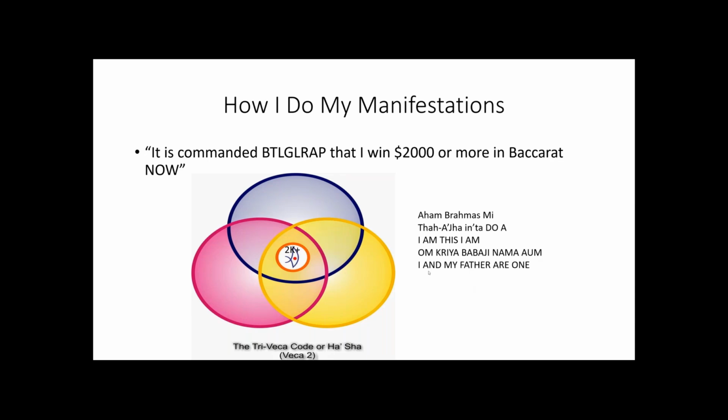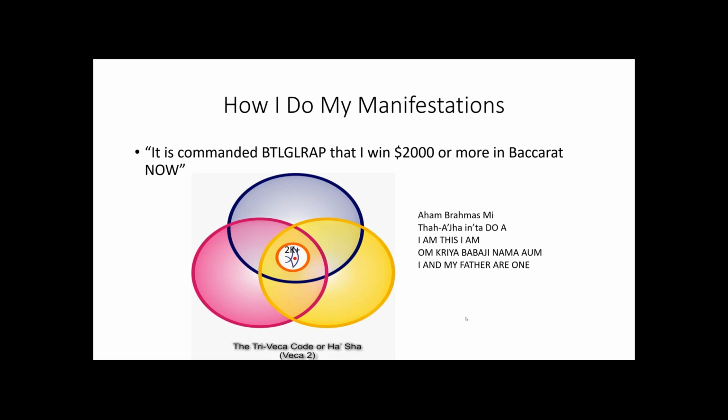And then the last thing is I and my Father are one. So you probably heard that Jesus said this. And when Jesus said this, he became the chosen one. He chose to embody all of that frequency of source when he said that. So these are very powerful commands that set your manifestation in motion instantly.